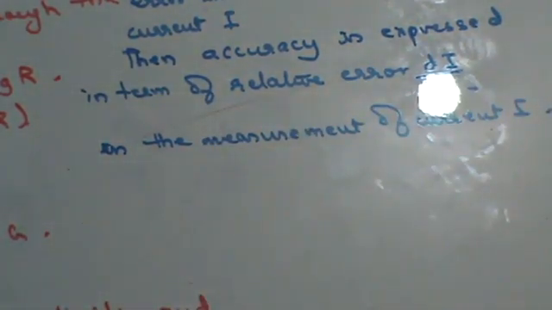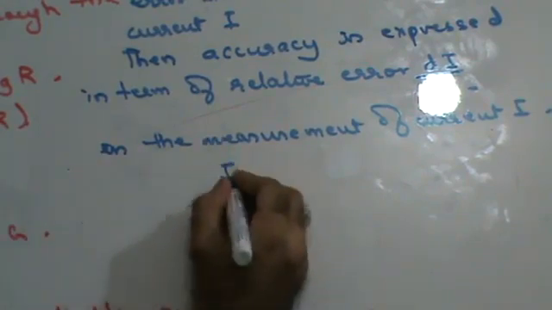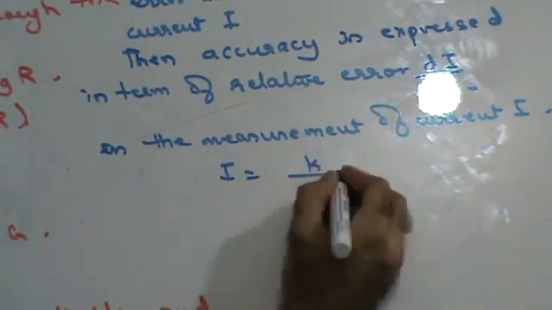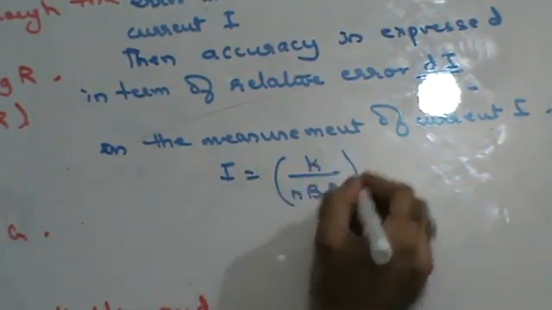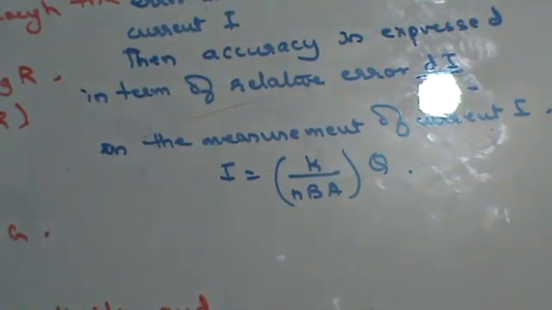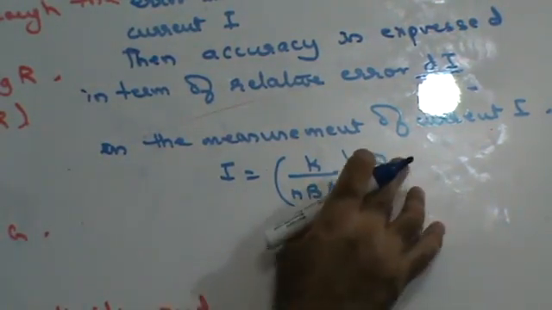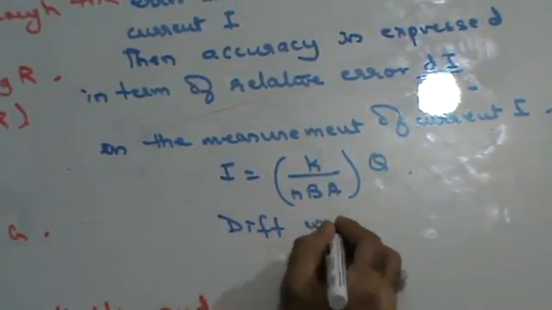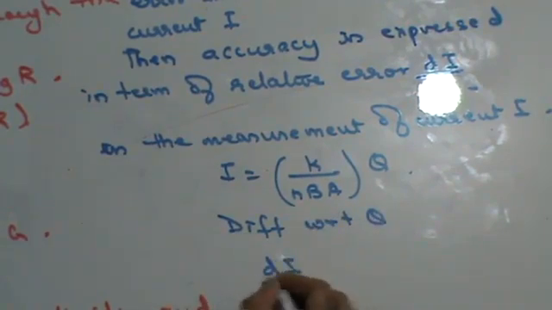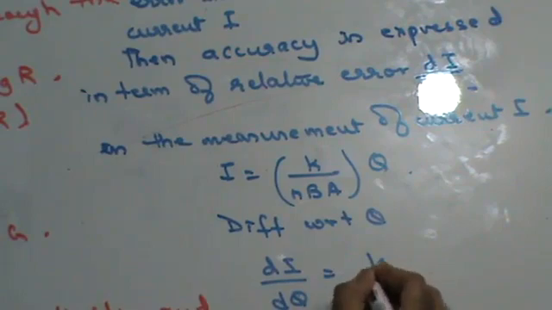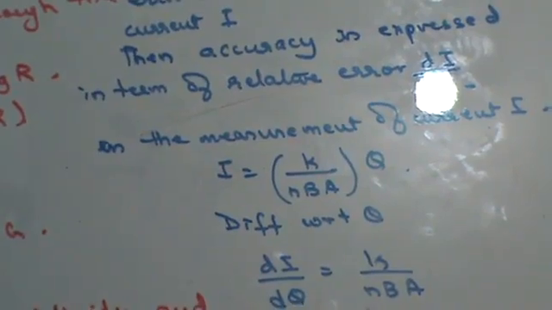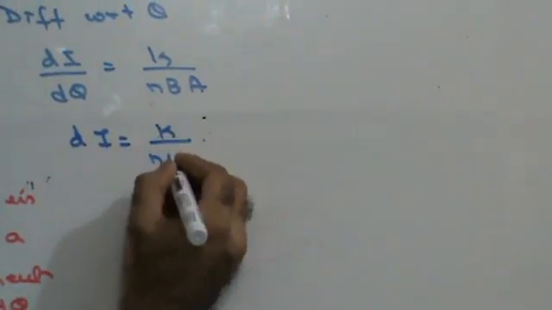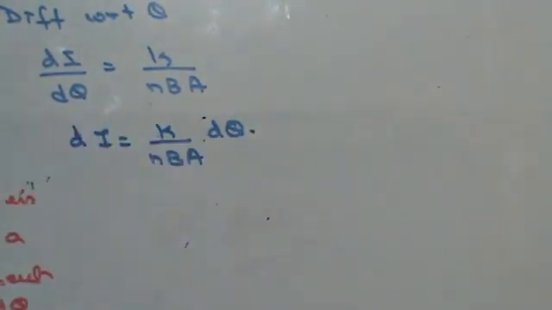Right? Now, we already have said that I is equal to K upon NBA into theta. If I differentiate with respect to theta, I will get di by d theta is nothing but K upon NBA, since d by d theta of theta is 1. So di is K upon NBA into d theta.